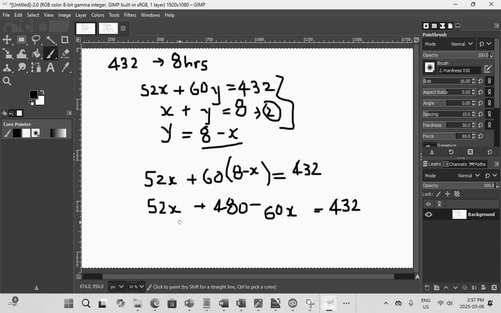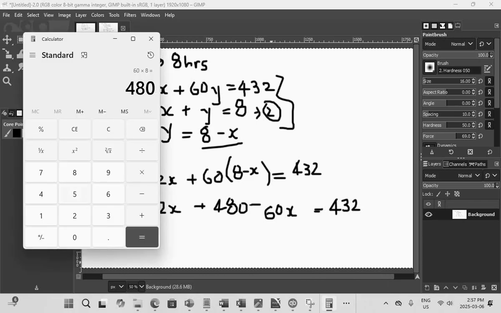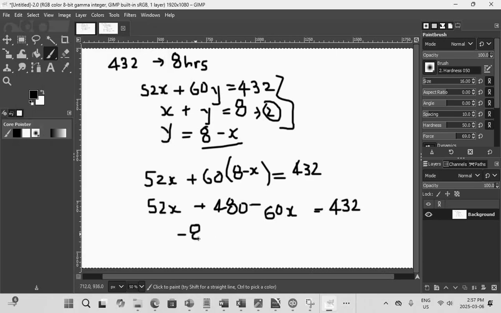So 52 take away 60. Let's figure this one out. 52 minus 60 is negative 8x equals 432 minus 480.